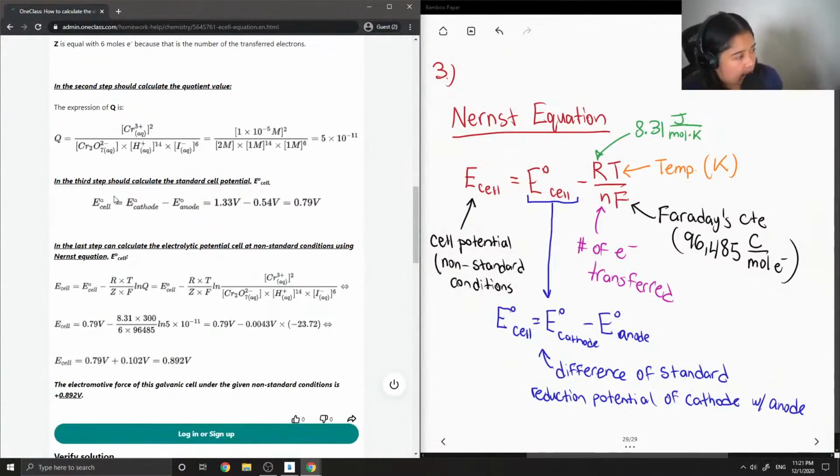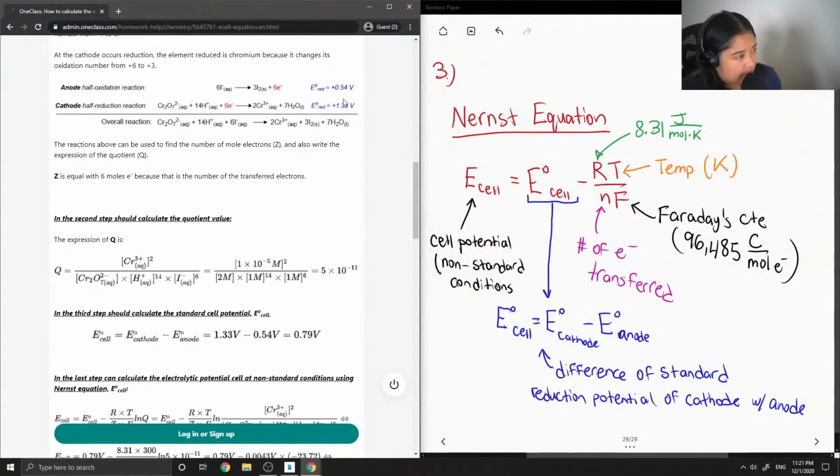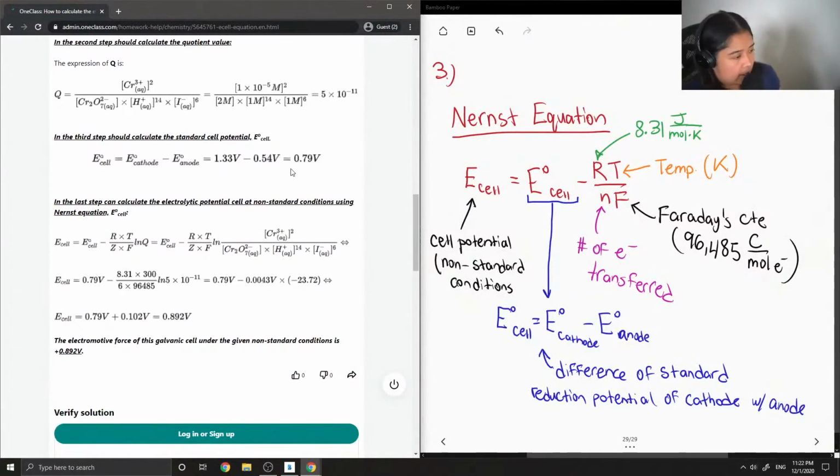In the third step, we should calculate the standard cell potential E°cell. So these values were given in the question. So they did 1.33 minus 0.54, and they got 0.79.